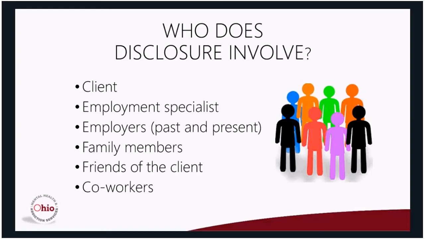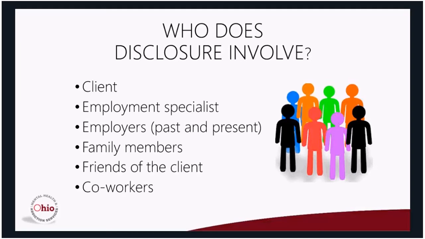Also, when working with the client, you need to decide who will make the disclosure: the client, the employment specialist, or will it be the client and the specialist together? While decisions about disclosure are ultimately up to the client, the employment specialist should also encourage the client to get input from other significant people in their life if appropriate and if that's what the client wants, such as team members or family.